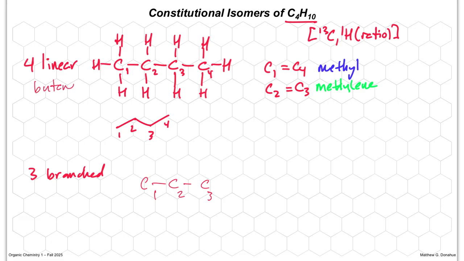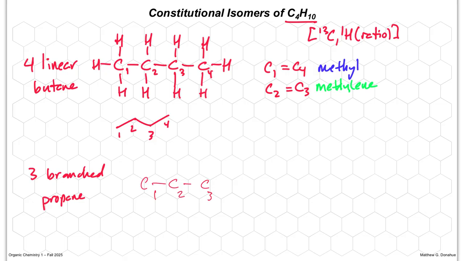So 4 carbons was butane. Now 3 is the longest chain. So this is going to be a derivative of propane, because propane is 3 carbons. Now we have 1 carbon left to deal with to get to our desired molecular formula.